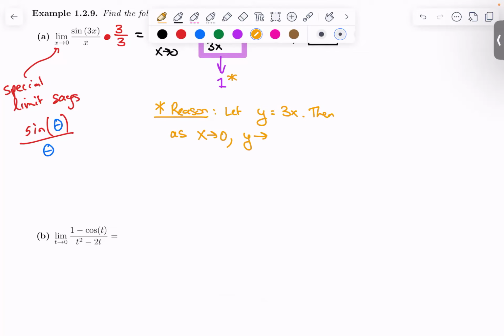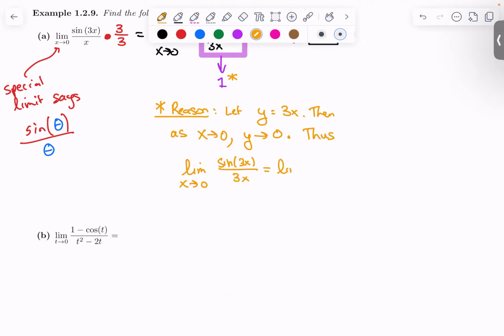If x goes to 0, 3 times 0 is 0. So as x goes to 0, y goes to 0. Thus, the limit as x approaches 0 of sine of 3x divided by 3x is equal to the limit as y approaches 0 of sine of y over y. And that's the special limit, and that equals 1.